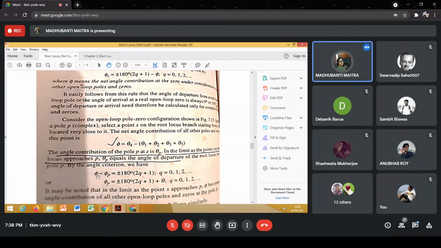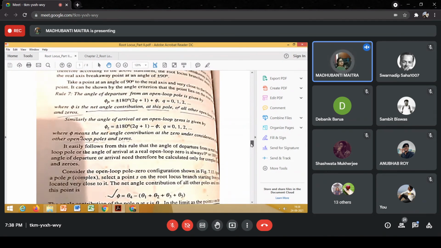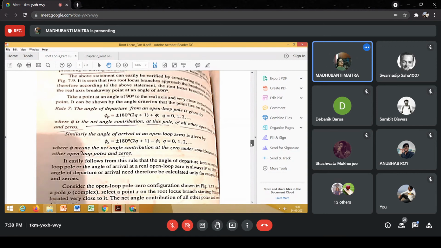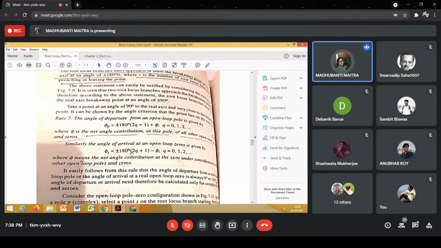So this one will become phi plus phi z, and hence the second part of the rule is similarly the angle of arrival at an open loop zero is given by phi z, which is equal to plus minus 180 degree (2q plus 1) minus phi. Again, phi is the net angle contribution at the zero under consideration by all other open loop poles and zeros.